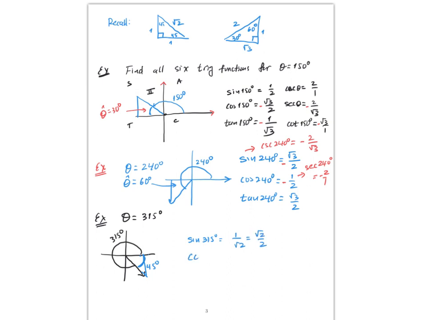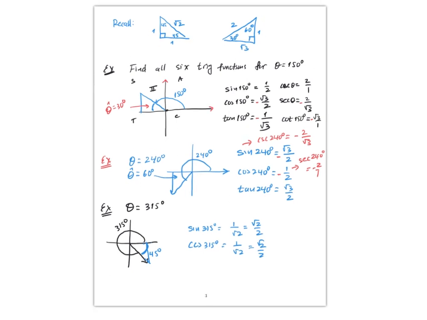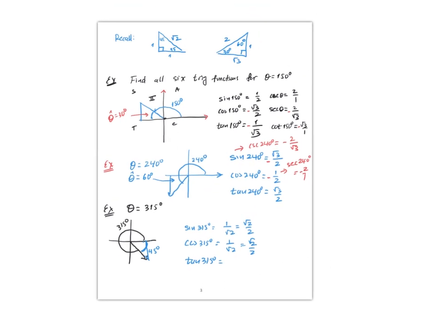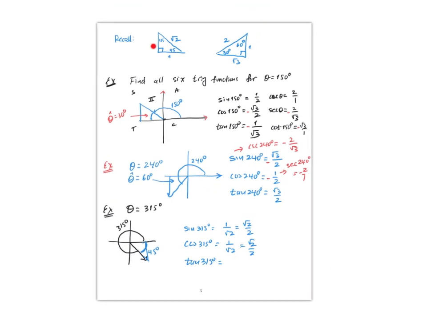And then cosine of 315 is the same, which is radical 2 over 2. And then finally, tangent of 315 is going to be the opposite over the adjacent, which both of them are 1. So the answer is 1 over 1, which is just 1.